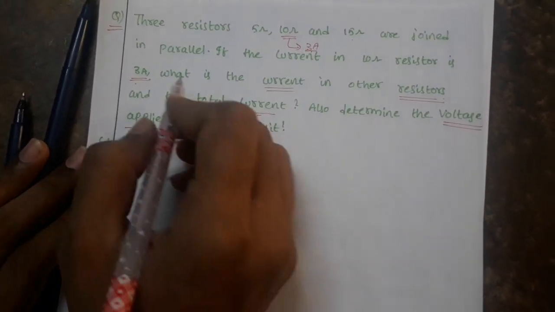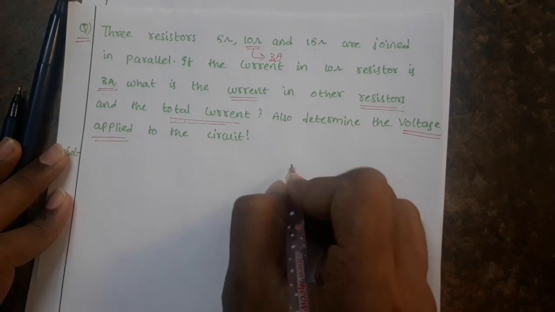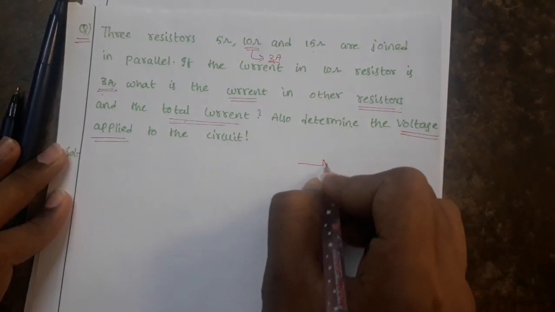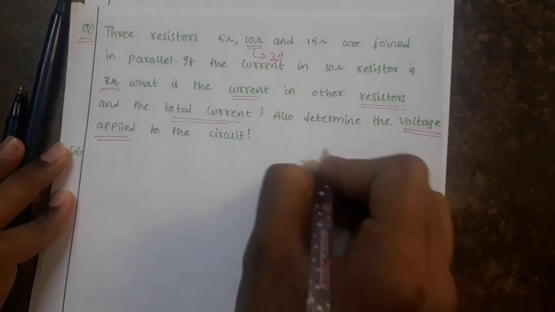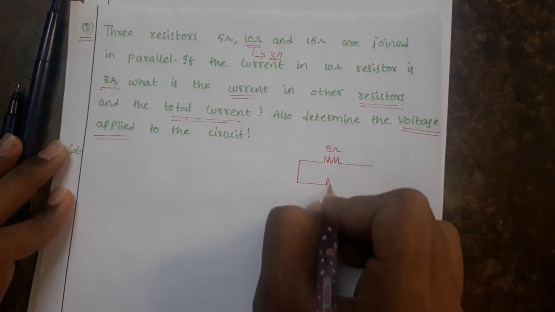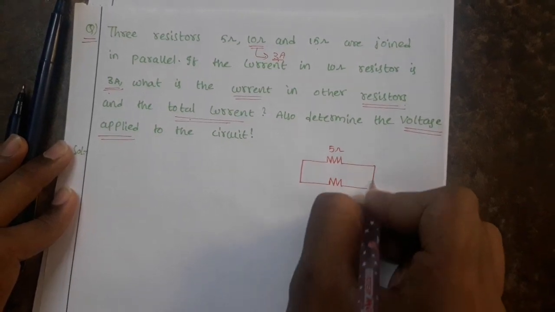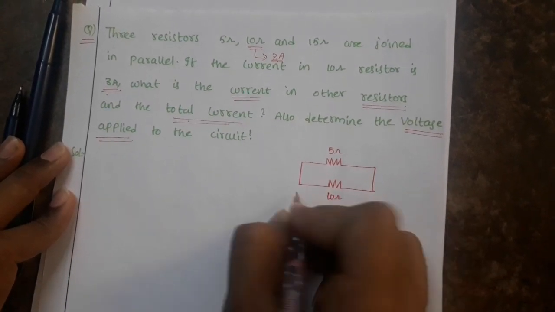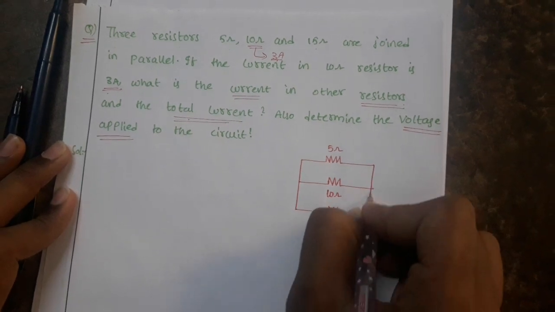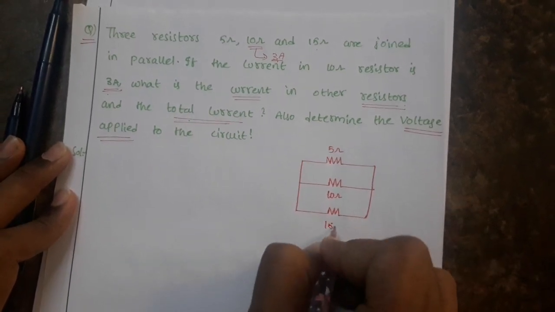I am taking the circuit diagram. 3 resistors in parallel. So this is resistance 1 of 5 ohms, this is resistance 2 of 10 ohms and this is resistance 3 of 15 ohms.